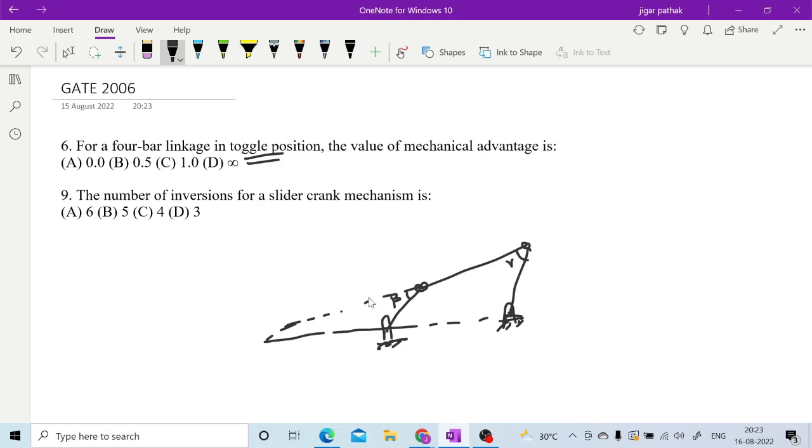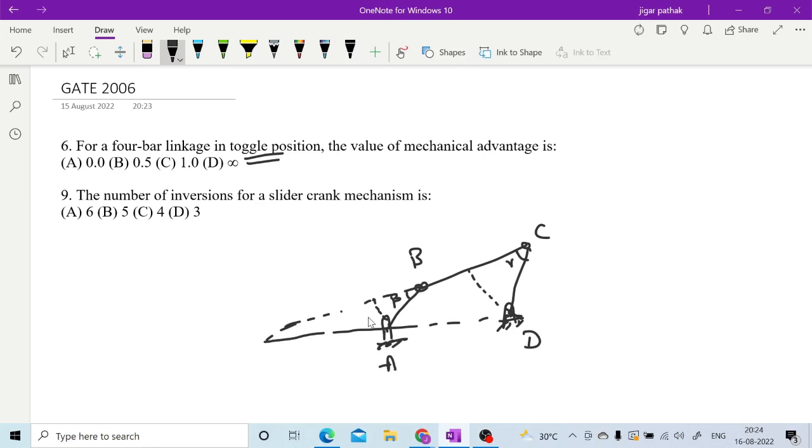And you can draw a perpendicular from both of these points. So here A, B, C and D.